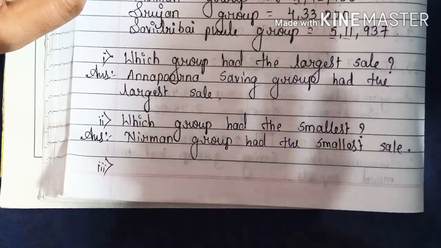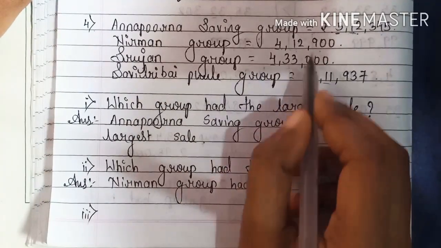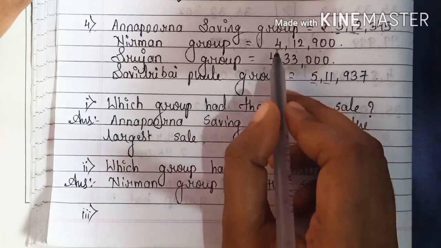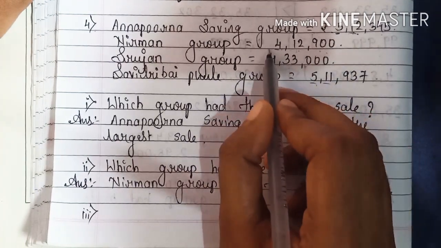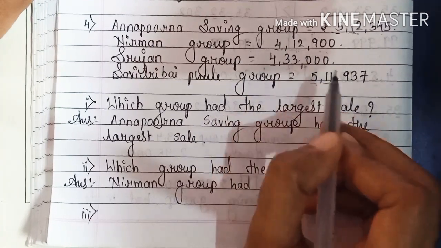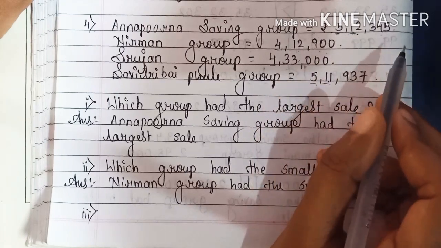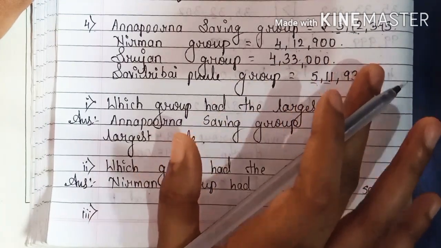That smaller to bigger we have to write. That means first of all we need to find out the smallest number among these four numbers. The smallest one is 4,12,900. After this the bigger one will be this, and after this the bigger one will be this, and the biggest one will be 5,12,345. So this we will write in ascending order.